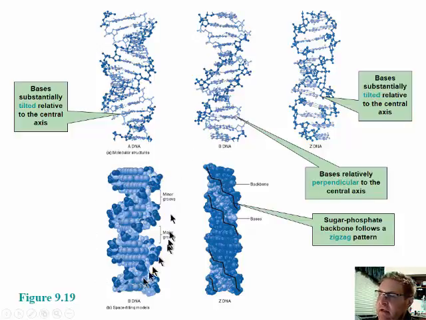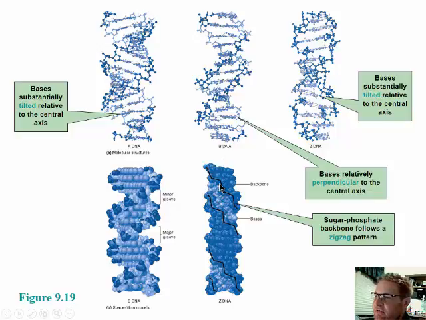Now, this is kind of fun. These are a couple models. The majority of DNA in a cell is in what's called the B form, and in the B form you have this nice, gentle curve. You can see it a little better in the space-filling model, where you have a right-handed helix. This is the form that is mostly in cells.